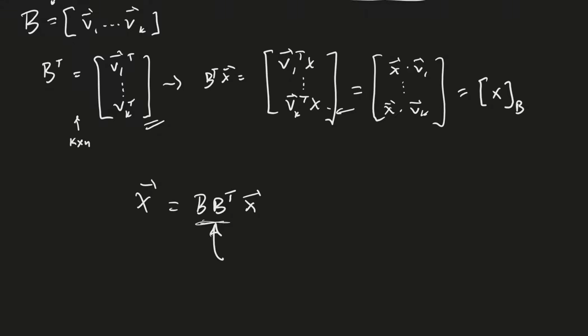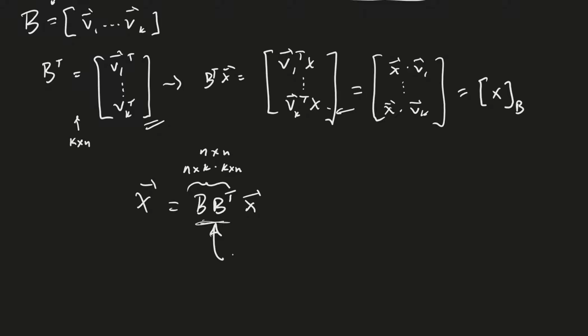But as it turns out, this matrix B times B transpose, by the way, what is the size of this matrix? B is n by k, so this is n by k times k by n, so that's going to be an n by n matrix, right? So this matrix takes in a vector from Rn and puts out a vector in Rn.